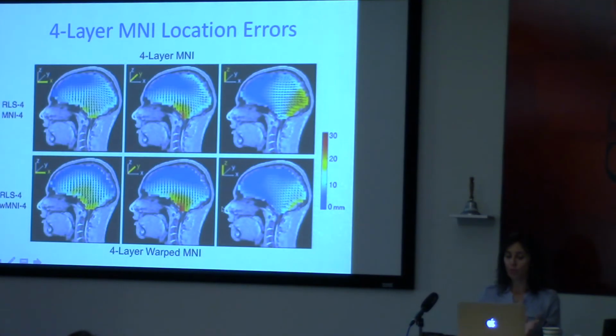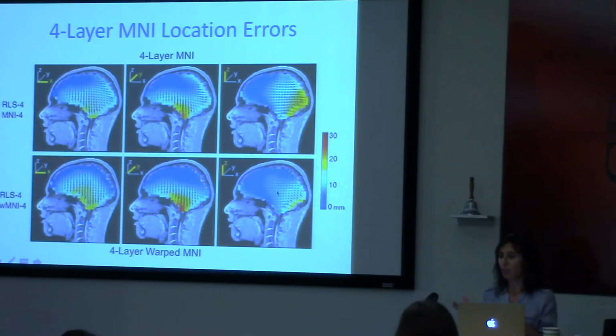And then if we use 4-layer MNI, then we will have fewer errors. And we can look at the normal MNI or warped MNI here. So if we use a warped MNI, which would warp to the electrode locations, and the electrode locations actually give a representation of the head shape, we obtain really much improved source localization compared to using normal MNI head models.